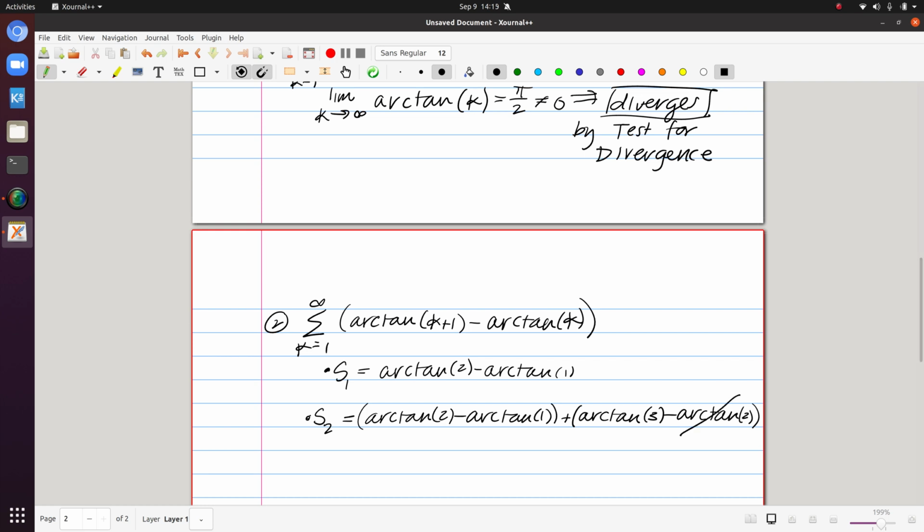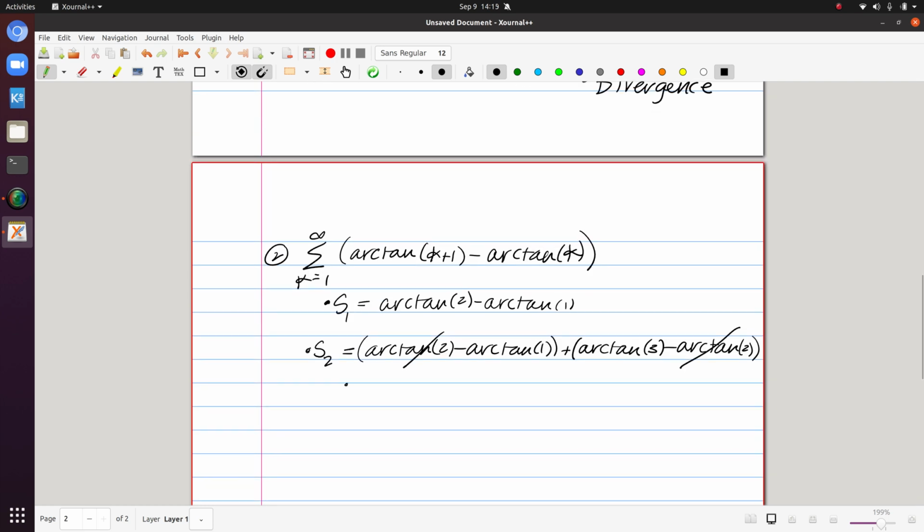I can see that this arctan 2 cancels with the first one. And I want to get to a point where I can observe my pattern so that I can observe that the nth partial sum will always have that minus arctan 1 that hasn't canceled. That's never going to cancel. And we would always have a positive arctangent term.